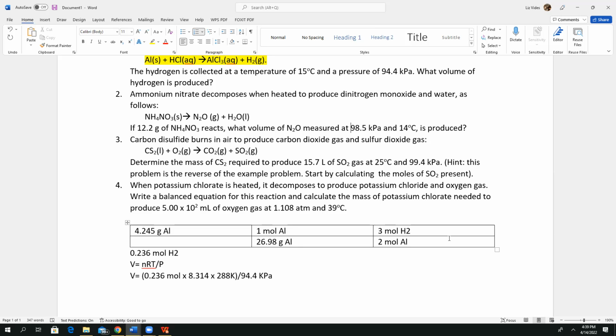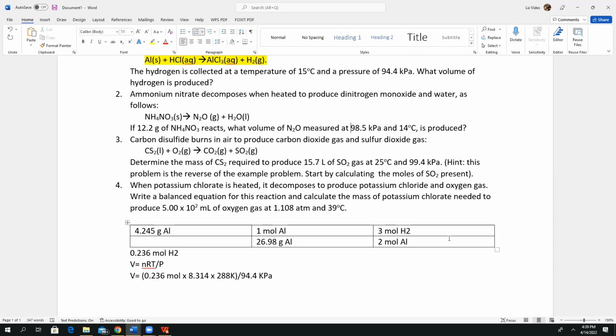Okay. So the n we want is PV over RT. So our pressure is 1.108 atmospheres. You notice this time we're going to have to change. Our volume is 0.5 liters, divided by our R, which is 0.0821.